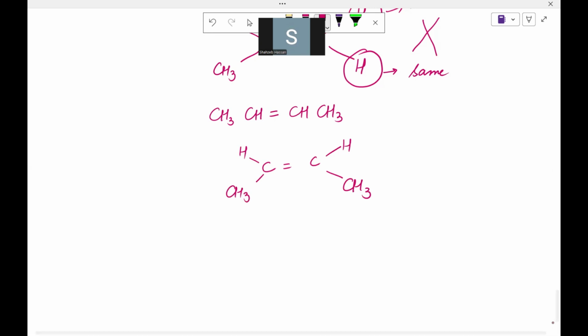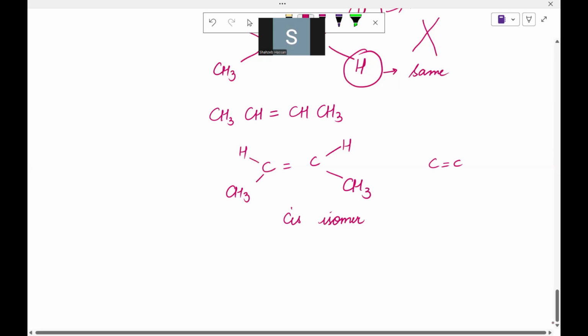Yes, it is a cis isomer. And when it would be like this, like H is here, then H is here, CH3 is here, and CH3 is here. So now it is called a trans isomer.